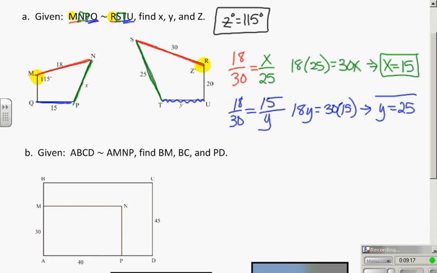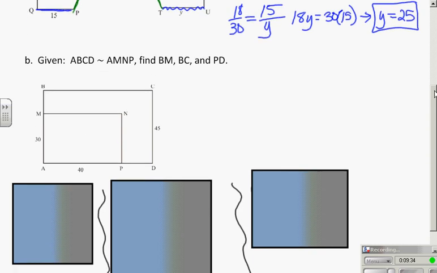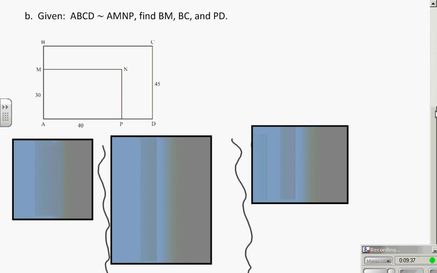And when I solve for Y, I get 25. Now you could do a check by taking 18 divided by 30, 15 divided by 25, and 25 divided by 25, and make sure it comes out correctly. It's an easy way to check.